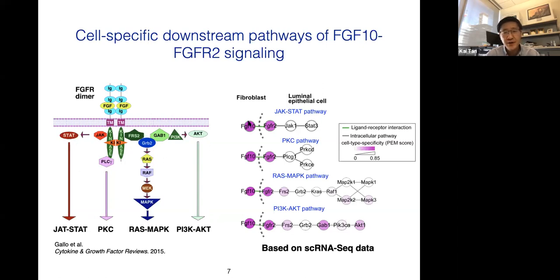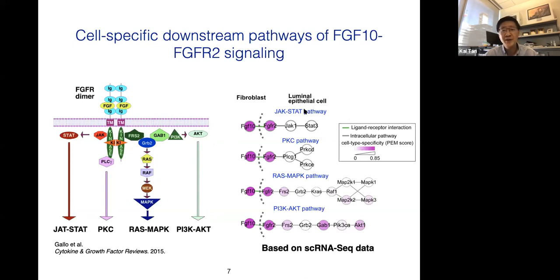So this is further illustrated by using this single cell data on mouse mammary gland. What we're looking at here is fibroblast on the left and the luminal epithelial cell on the right. Here we computed the cell type specific gene expression for the different pathway genes for the 4 branches, as you can see, JAK-STAT and so on.